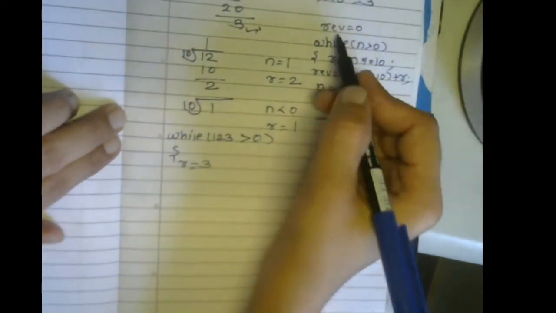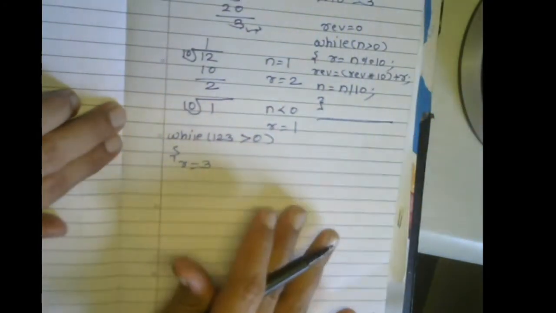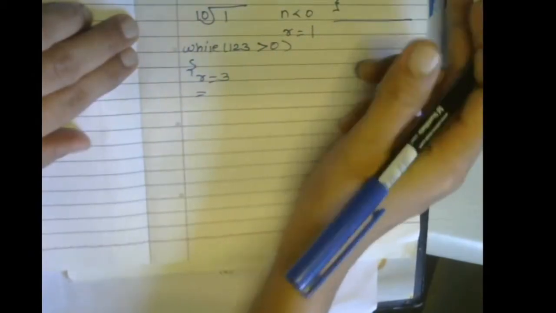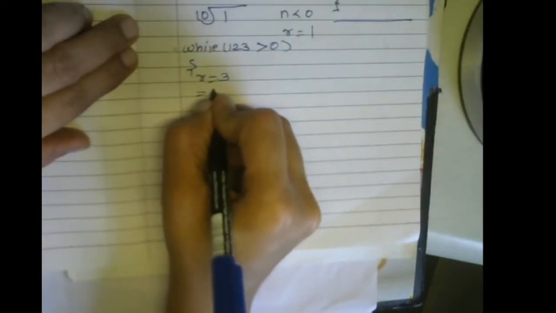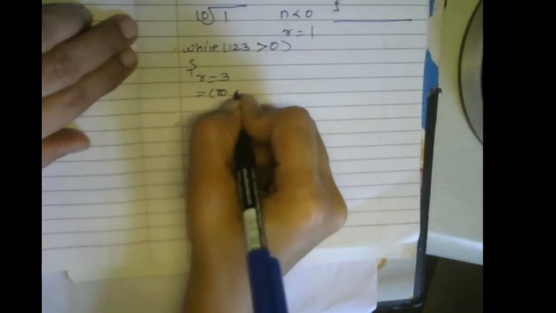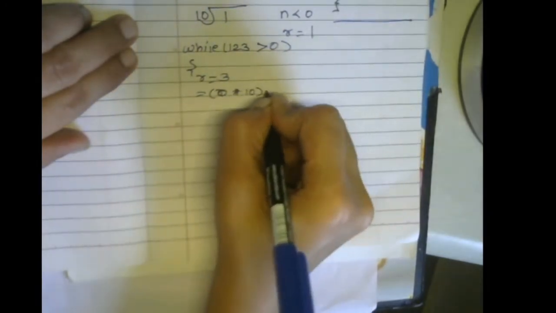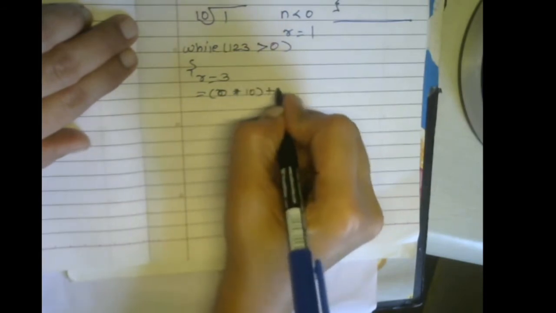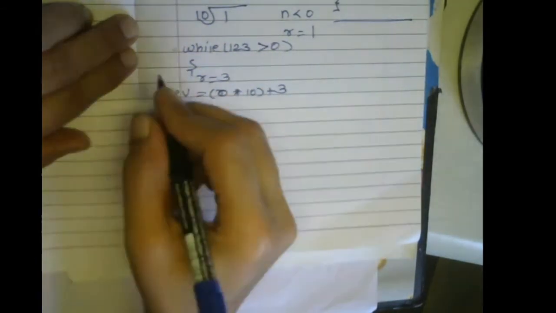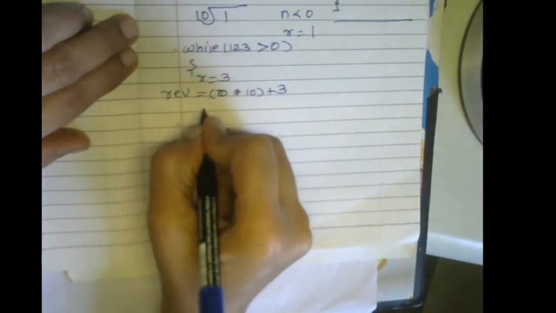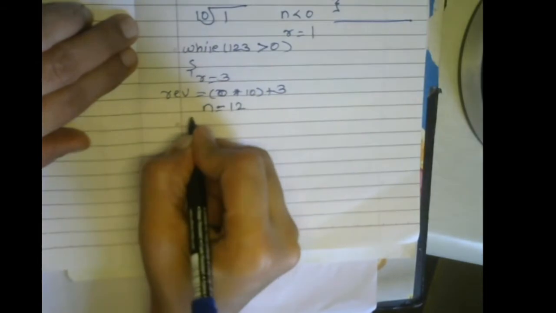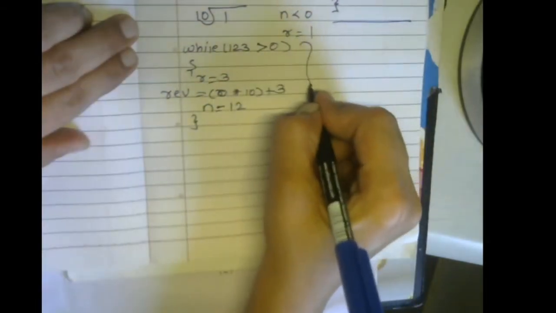We know that reverse equals 0 initially, so reverse into 10 is 0 into 10 plus r, which is now 3. So reverse is now storing the value 3, and then n equals n divided by 10, so n is now 12. This is our first iteration.